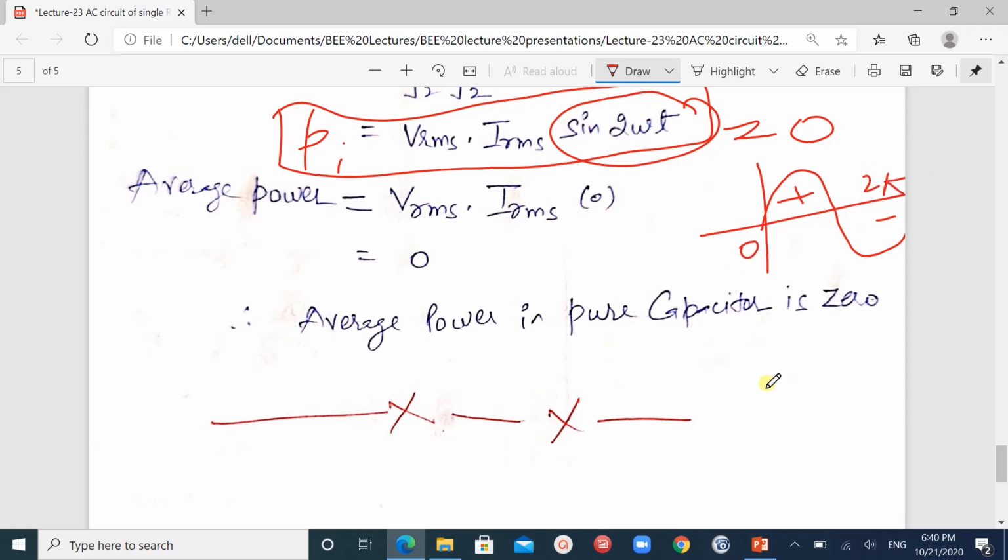So when we put this value, it will become 0. So average power in a pure capacitor is 0, and average power in a pure inductance is also 0.